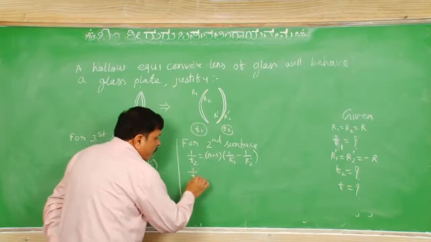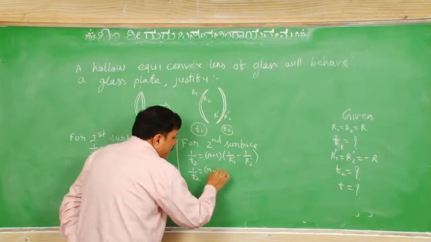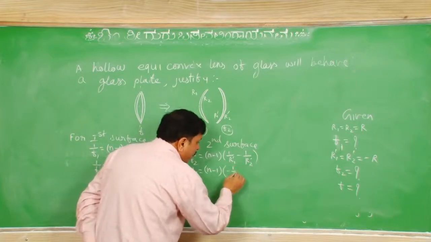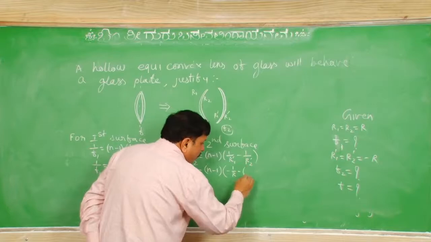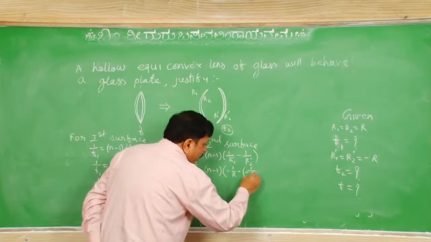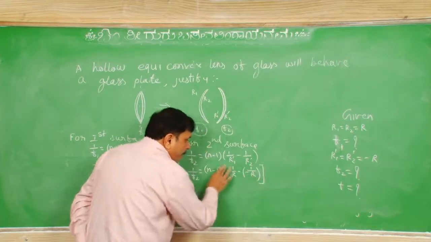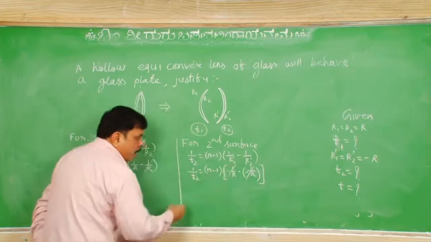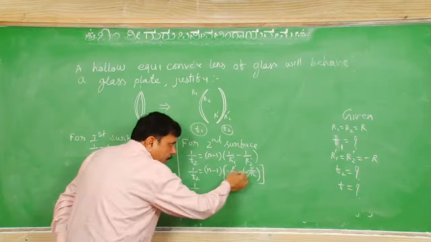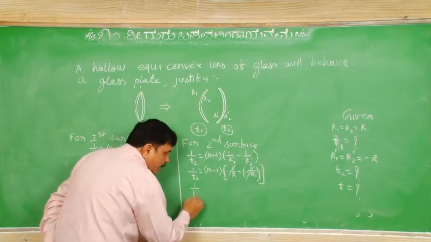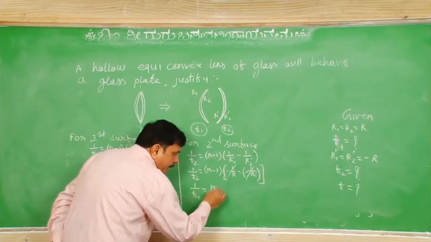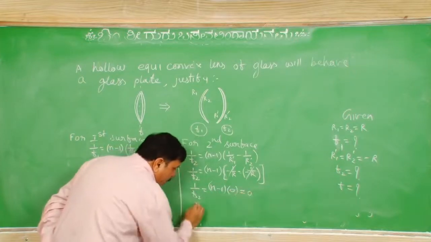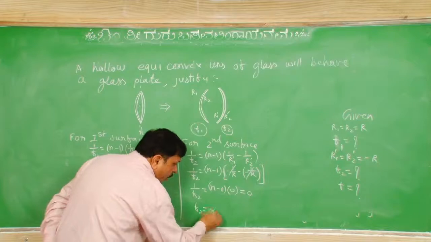So 1 by F2 equal to n minus 1 into 1 by minus R minus 1 by minus R. Again both will cancel. Actually it will become plus and minus cancel. We get n minus 1 into 0, that is 0. So again F2 also becomes how much?